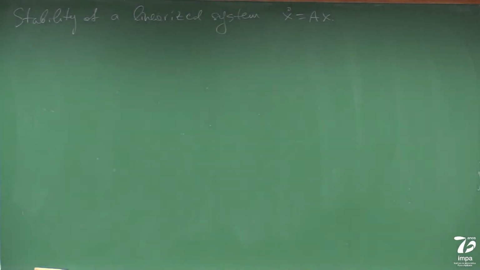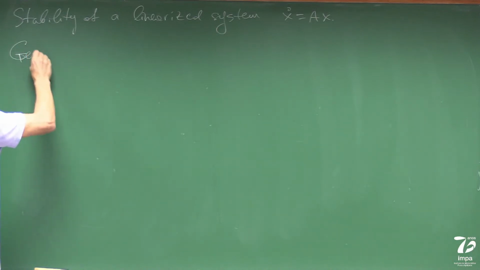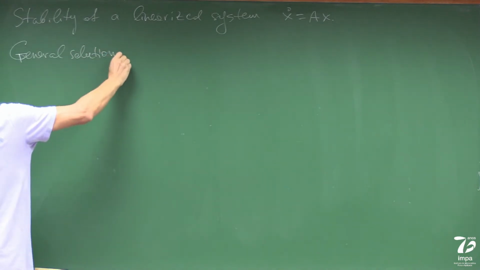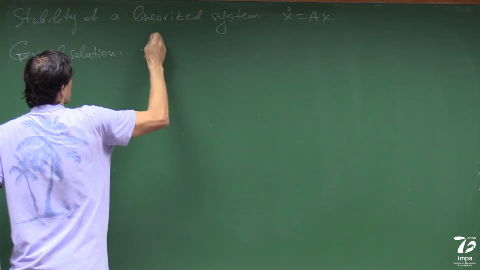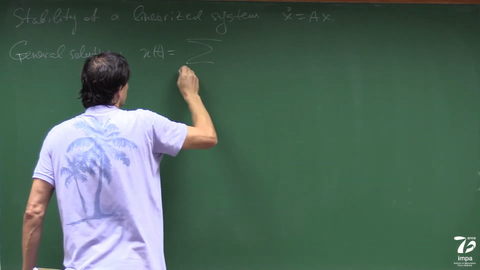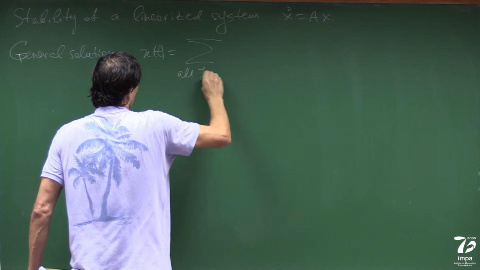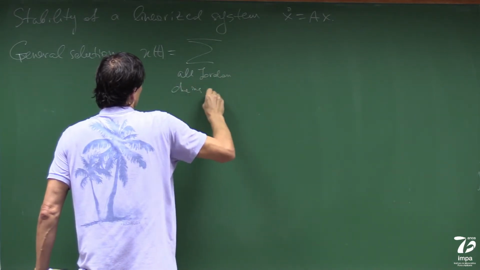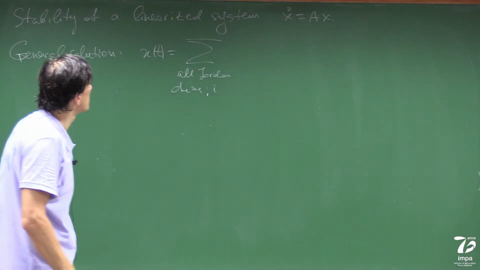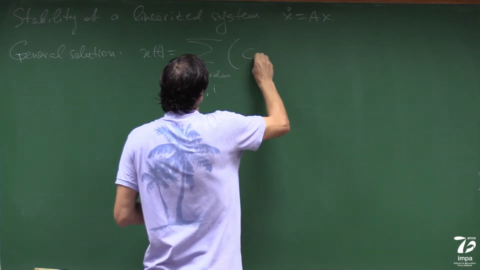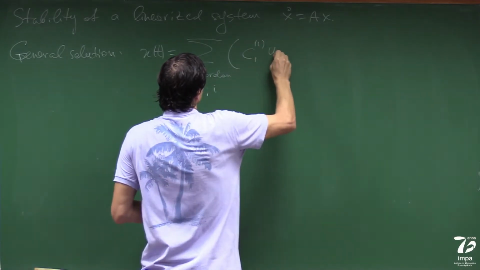So what can we say about the stability? Remember the general solution that we constructed: x is the sum over all Jordan chains. We number them with i, and each Jordan chain gives you a solution as a certain sum.